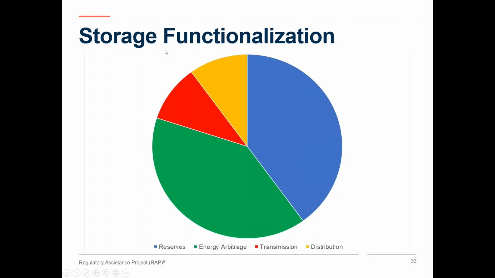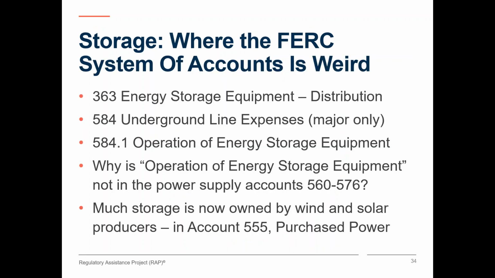Part to transmission, since one advantage of locating storage within a service territory is to reduce the need for transmission capacity to bring power from far away during peak periods. And for the same reason, part should be functionalized to distribution, because strategically located storage can help minimize distribution capacity costs, and quite a few utilities have built storage specifically for that purpose.